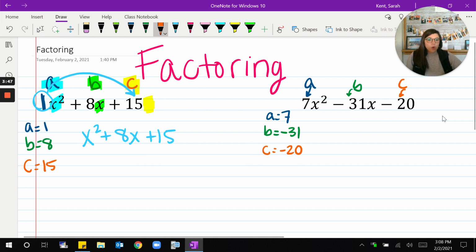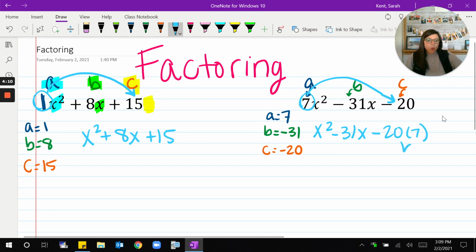So now that I know those letters, I can take A. So here our A is 7, and I'm going to slide it all the way to the back to be with 20.